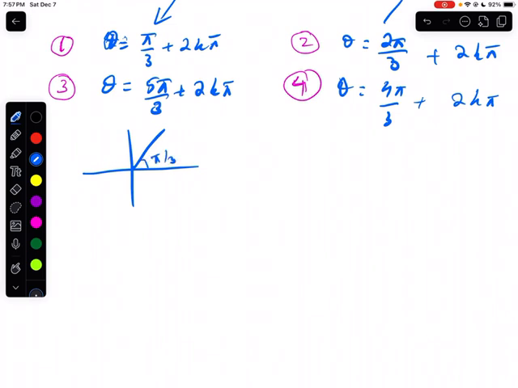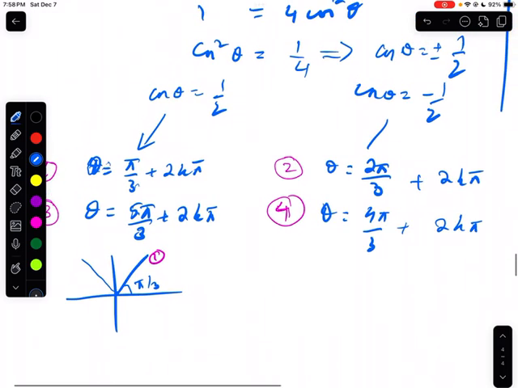From 2 we are getting the angle in the second quadrant, although this 2 is from that other solution, right? So these two we get from the equation cosine of theta is equal to 1/2, and these two we get from the equation cosine of theta is equal to negative 1/2.